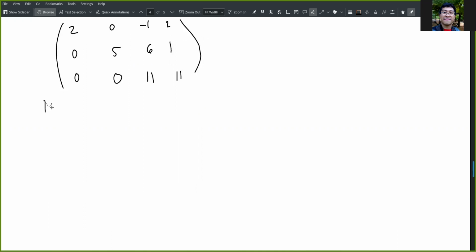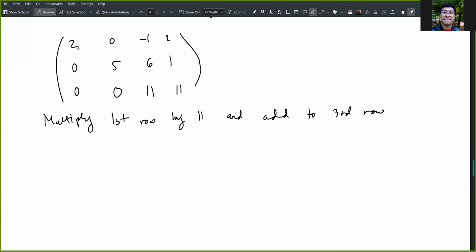Next, multiply first row by 11 and add to third row. We want to keep third row. We can replace this first row.